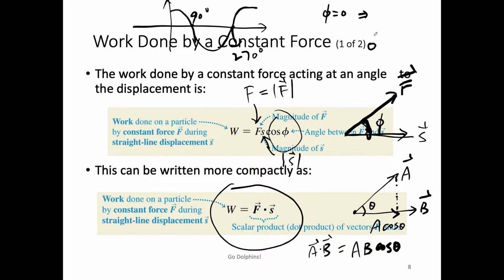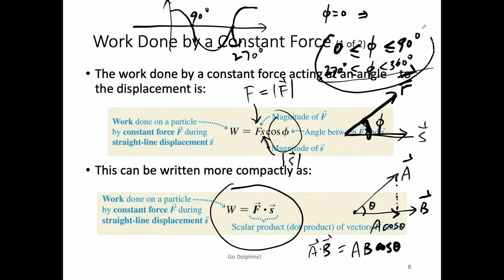So if your phi is between 0 and 90, and also between 270 and 360, which you can also say is negative 90 to 0, you have positive work.